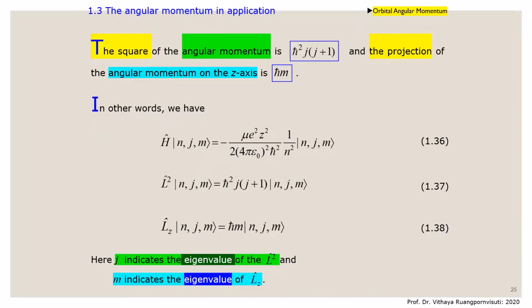As for the square of the angular momentum, its value is h bar square times j(j plus 1), where j is the total angular momentum. And the projection of the angular momentum on the z-axis is h bar m.